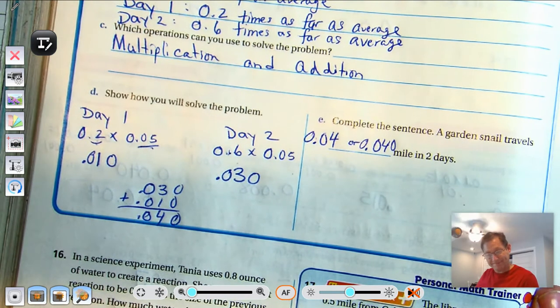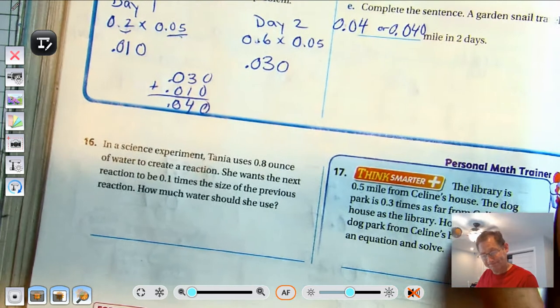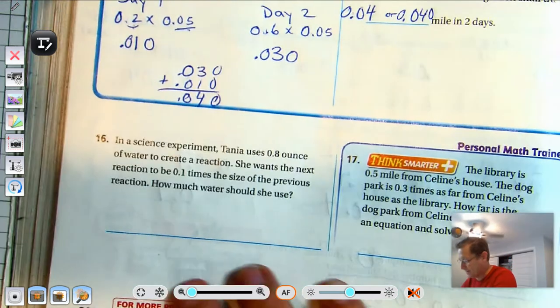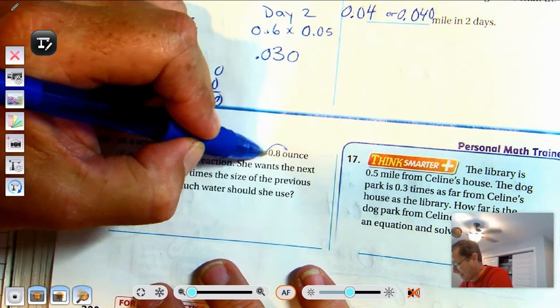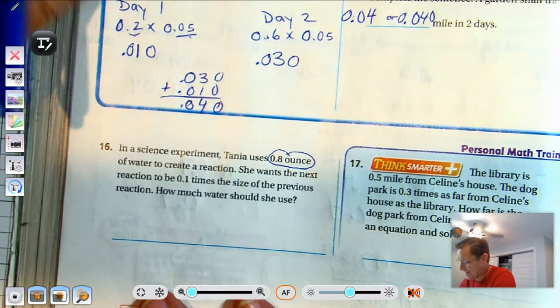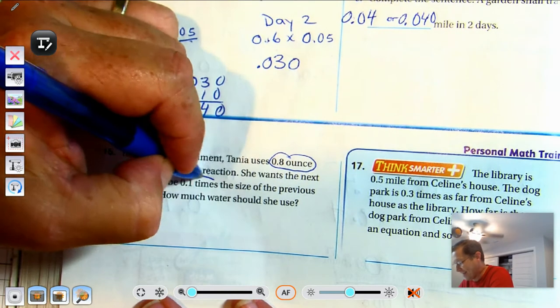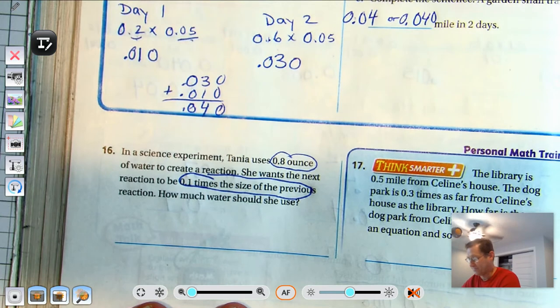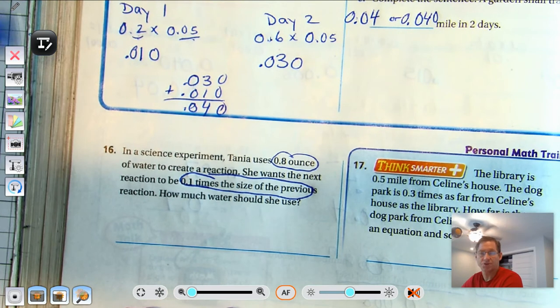All right, 16. In a science experiment, Tania uses 8/10 ounce of water to create a reaction. She wants the next reaction to be 1/10 times the size of the previous reaction. How much water should she use?